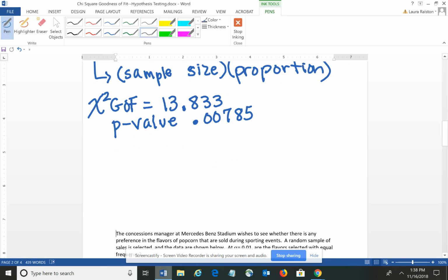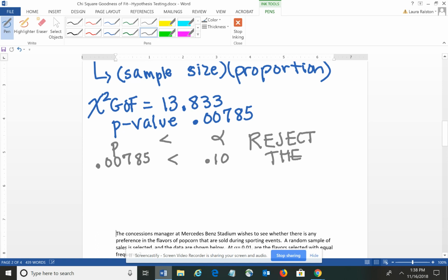We want to compare that p-value of 0.00785 to the given level of significance, which is 0.10. Well, p is less than alpha, and if p is less than alpha, we reject the null. So if we reject the null, then we got to think about what that means.